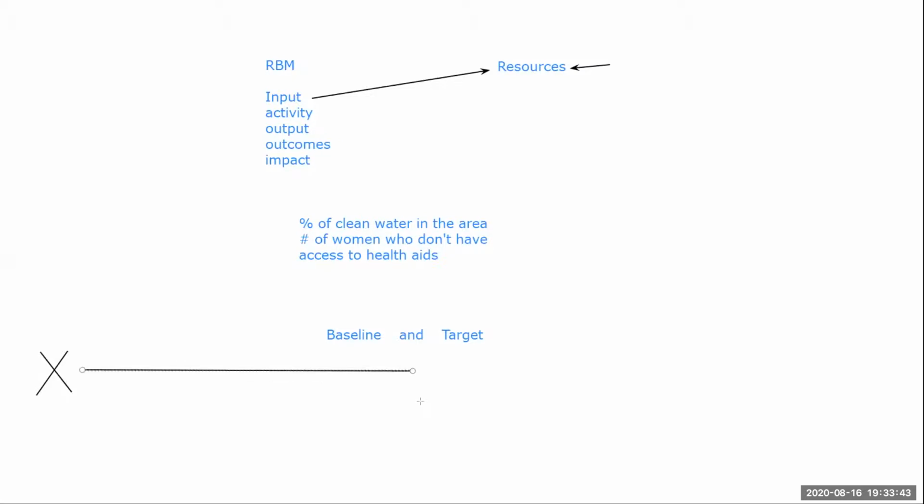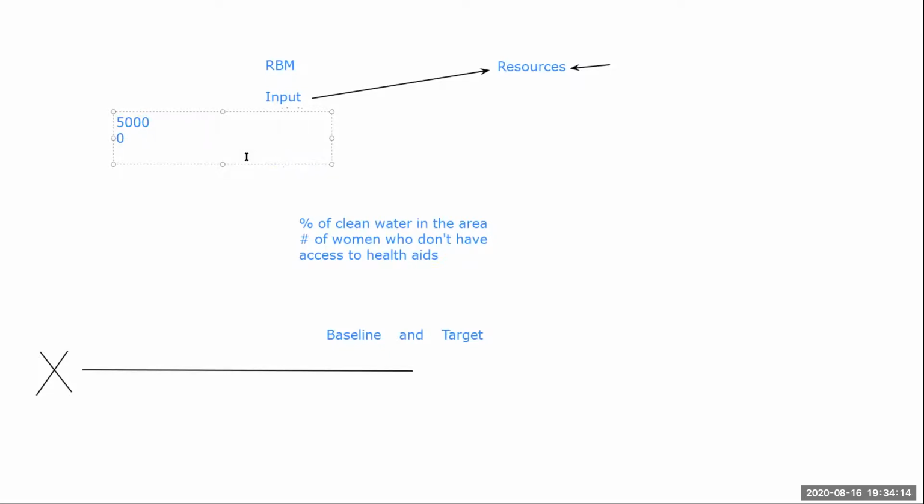The baseline is your starting point. So what does that mean? If we have 5,000 pregnant women in the area, and this is your first project and no one is helping these women, you will start from zero, for all the beneficiaries.